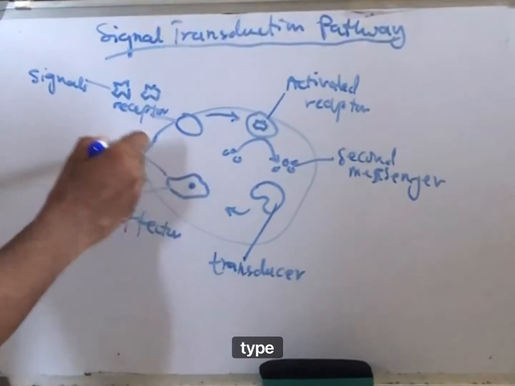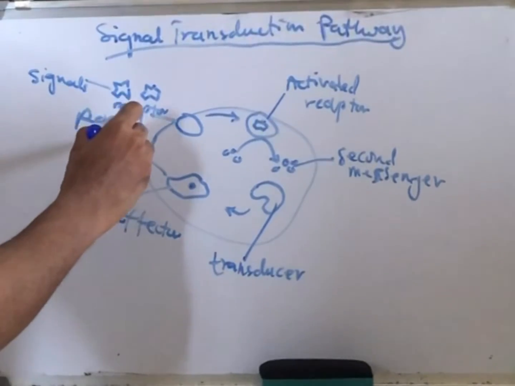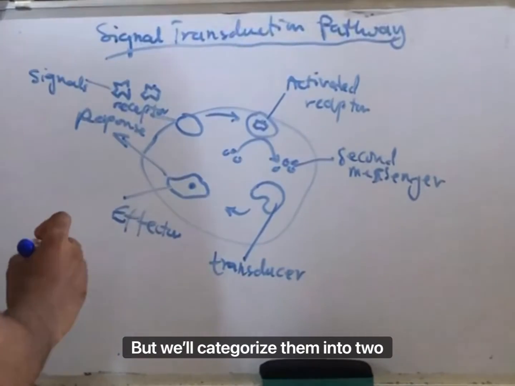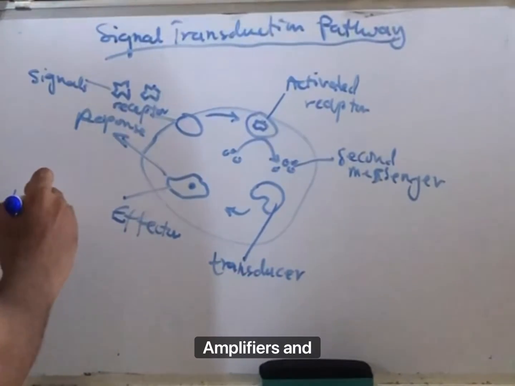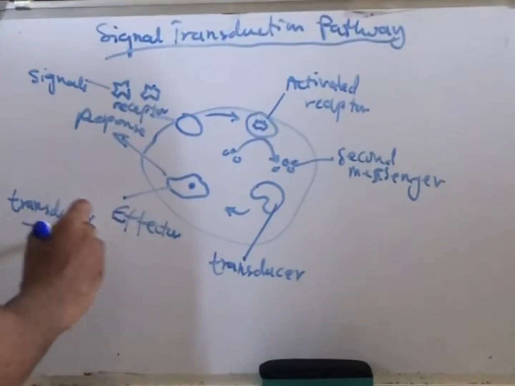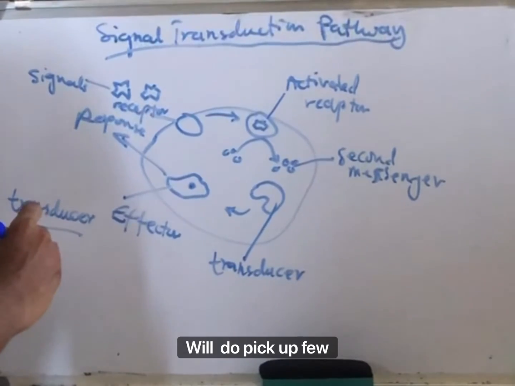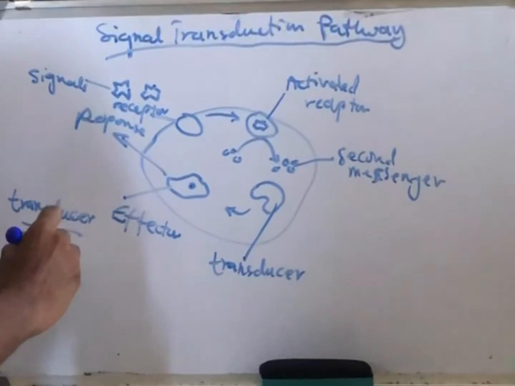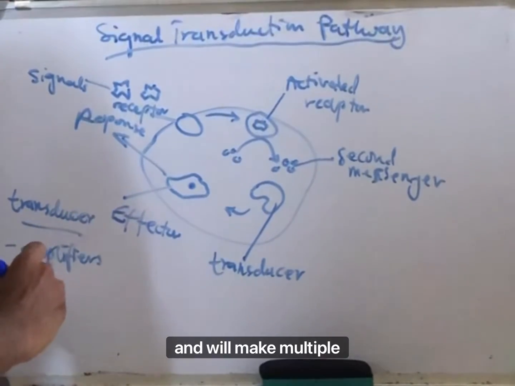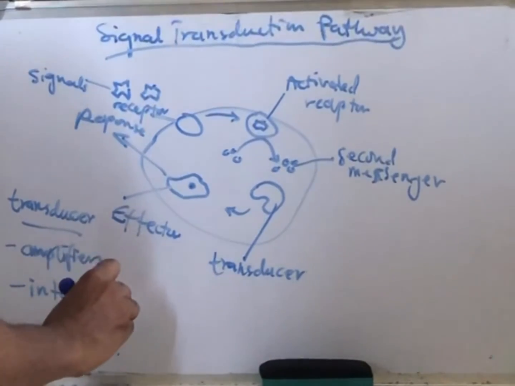on the cell type. Now, we have several types of transducers, but I'll categorize them into two. We have amplifiers and integrators. So what amplifiers do is that they will pick up few signals or few second messengers, and they will make multiple second messengers or secondary messengers out of it.